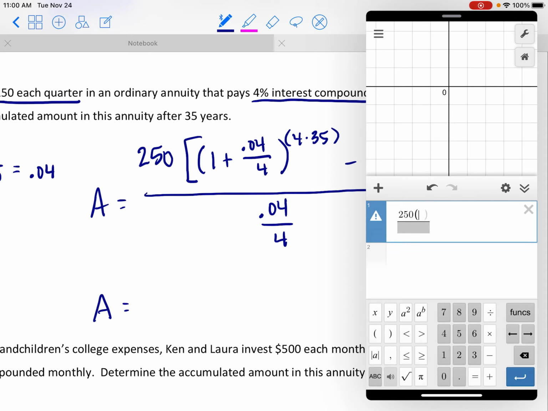Parenthesis means the same thing. We're just going to use parentheses in Desmos, so it's going to be a parenthesis, and then 1 plus 0.04 divided by 4. And then let's close that first parenthesis. We're going to raise that to, again in parentheses, 4 times 35. Let's close that one. Get out of the exponent.